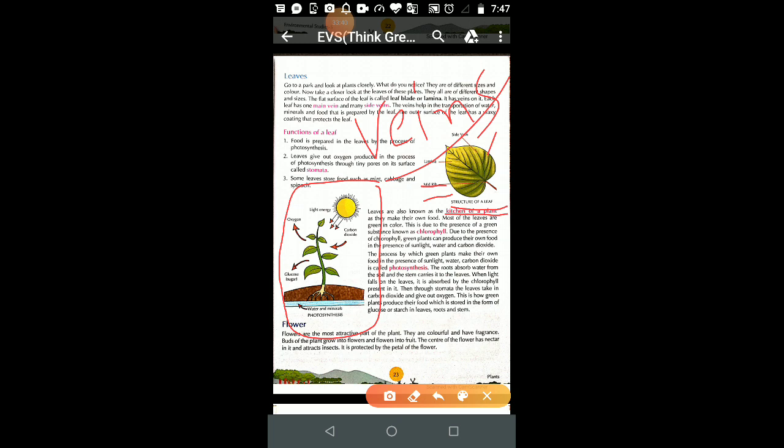So student, the plant makes food for itself in the form of glucose, which is the simplest form of food.